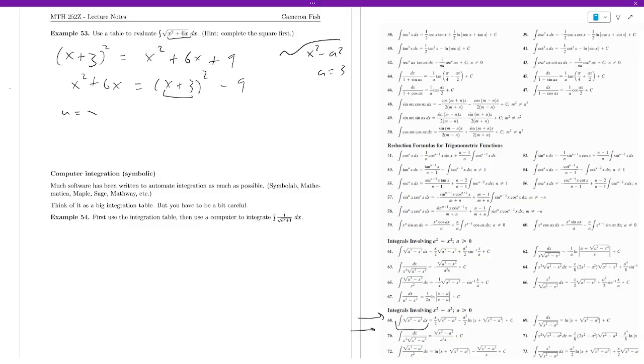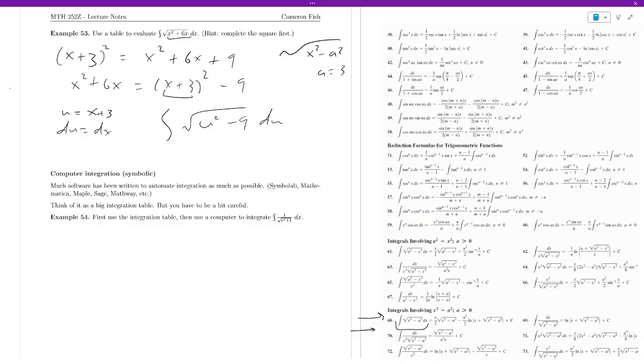One of the reasons we do a u sub is I'd prefer that to be just a single variable instead of some weird algebra thing like x plus 3. And this is a free u sub because when I do du, it's 1. So it's always free to make a u sub like u equals x plus something or x minus something. So our integral is going to become u squared minus 9 still, and then just du. Right, it'd be du over 1 maybe, but it's just du.